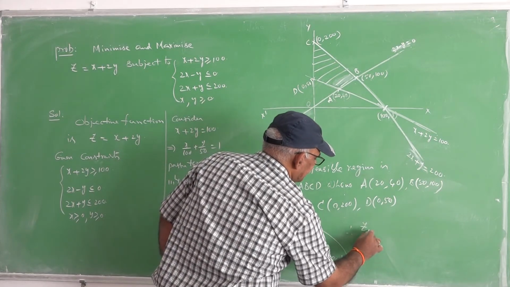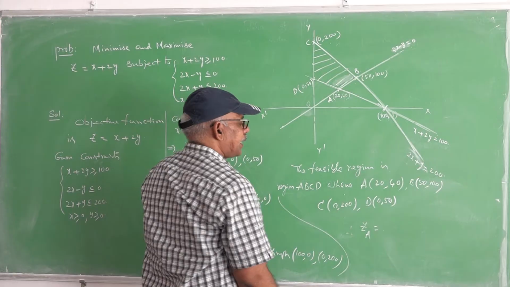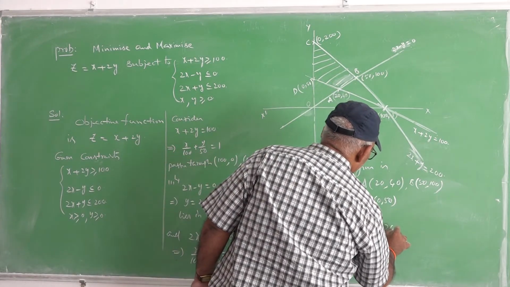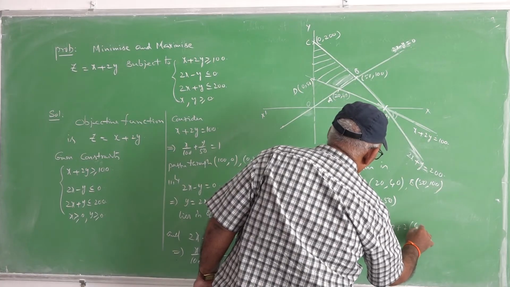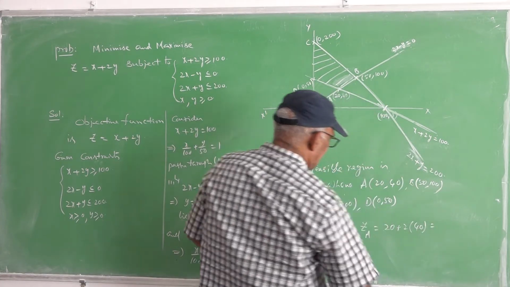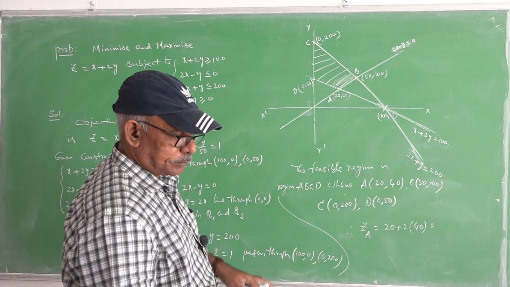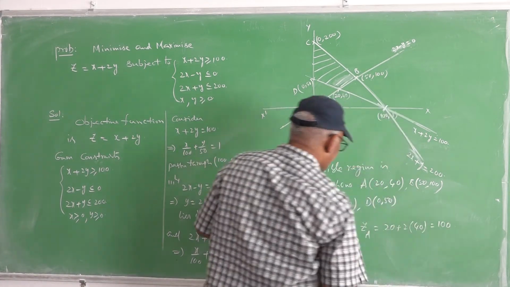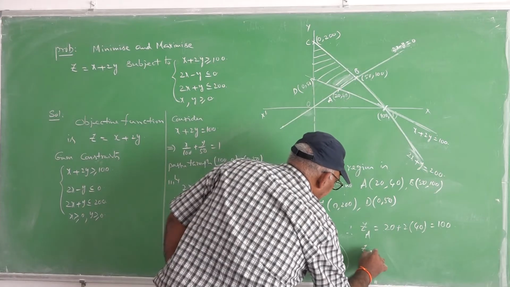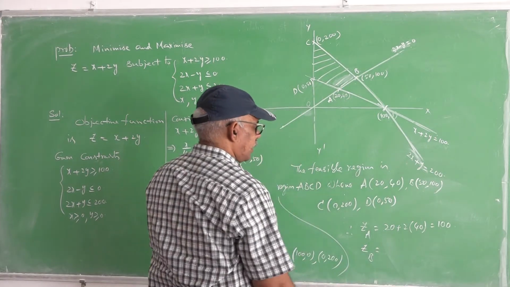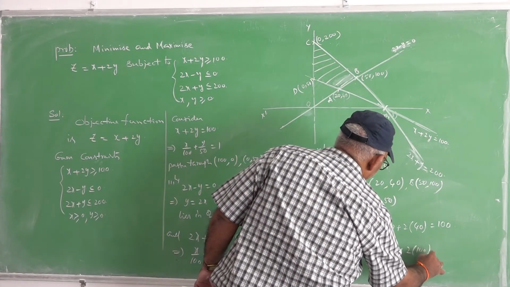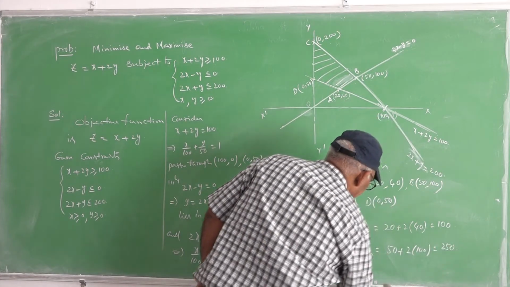So Z at A is x plus 2y. That means 20 plus 2 into y, where y takes the value 40. So that is 20 plus 80, which is 100. Z at B is 50 plus 2 into 100, that is 250.